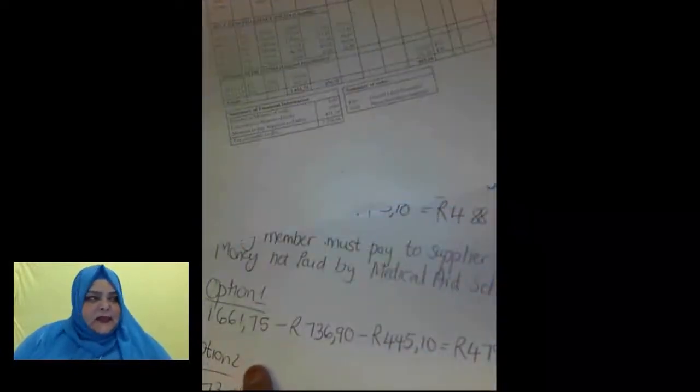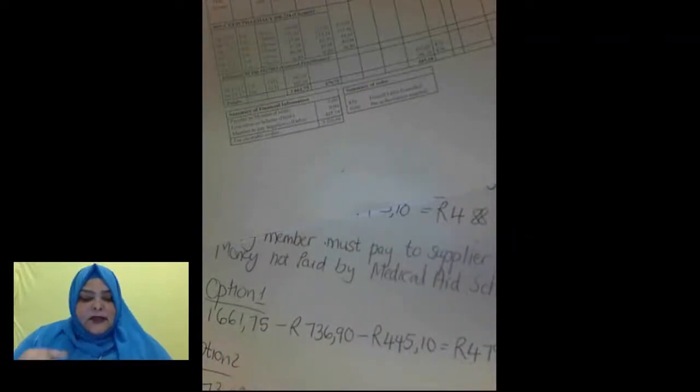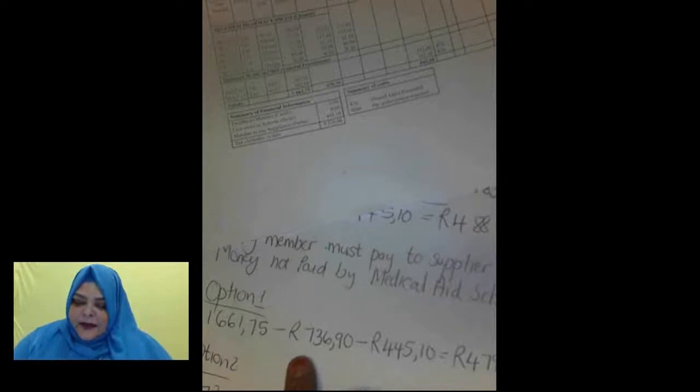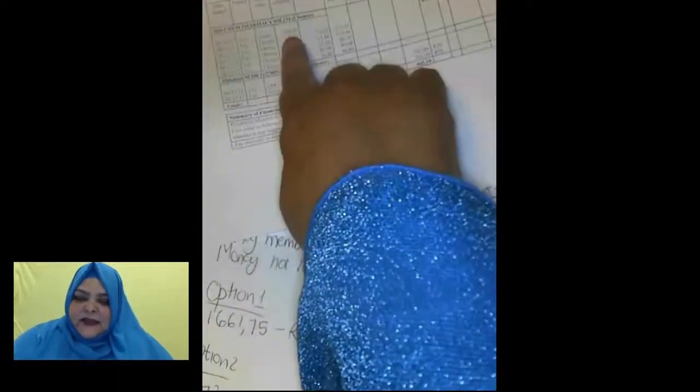So there is where I got my 1,661.75 from. And then I minus it with 736.90, because the medical aid must first be consulted before they can give it to the patient. You can see that is not yet covered by the medical aid.